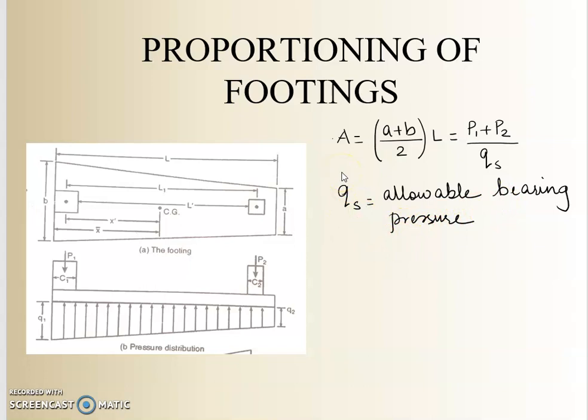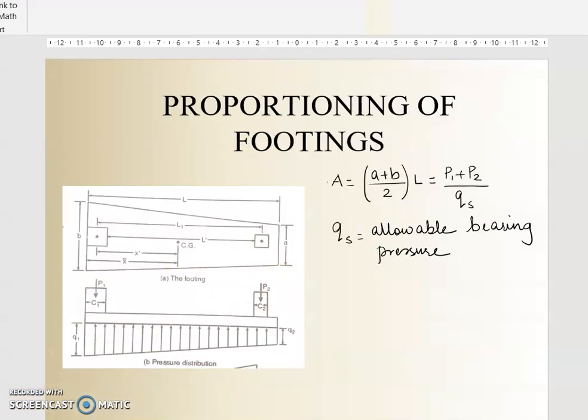Once we know this, we take moments about the center of column 1. We get P1 plus P2, that will be the total reaction. Where will the total reaction act? It will act at the centroid. The distance of the centroid from the P1 column is given as x dash.